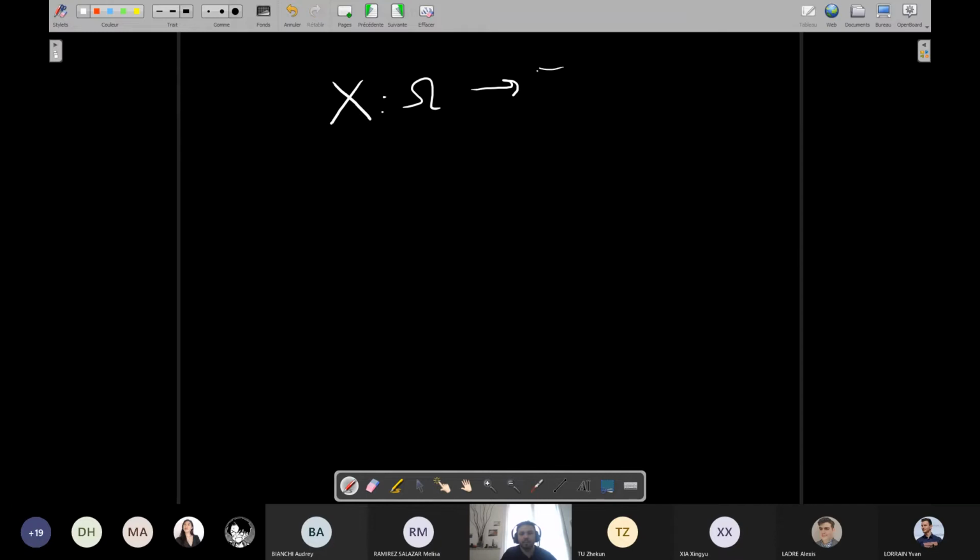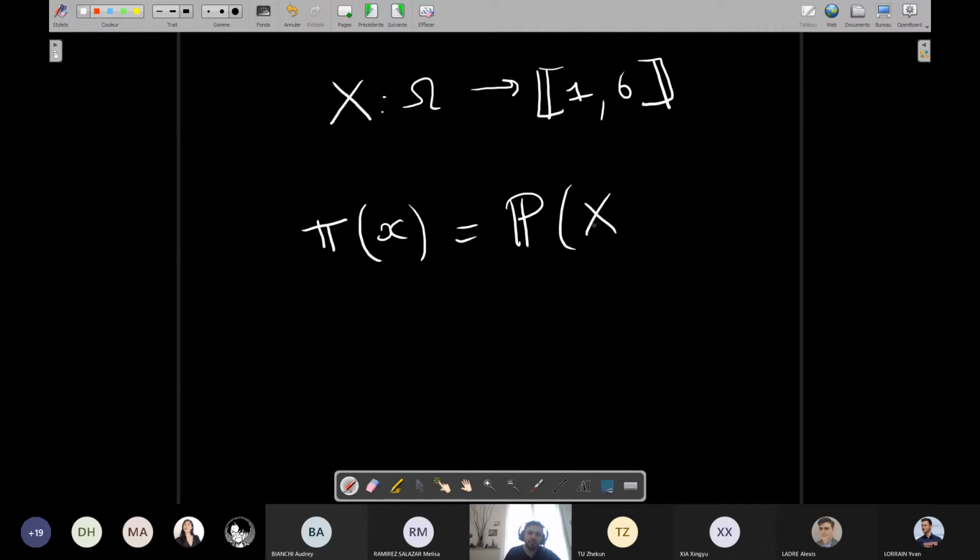The discrete interval 1, 2, 3, 4, 5, 6 can be denoted by this notation, double square brackets. The probability distribution function of my random variable X, little x, is the probability that my random variable takes a number k in [1, 6]: 1/6.